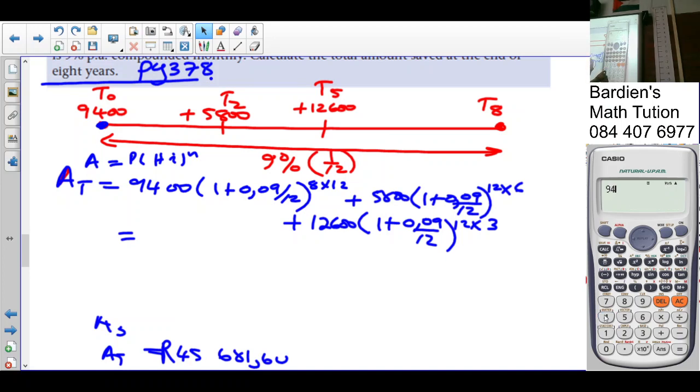So you just go 9,400 into 1 plus 0.09 over 12 to the exponent 8 times 12, plus 5,800 into 1 plus 0.09 over 12 to the exponent 12 times 6, plus 12,600 into 1 plus 0.09 over 12 to the exponent 12 times 3.